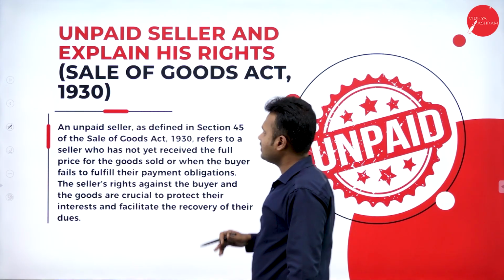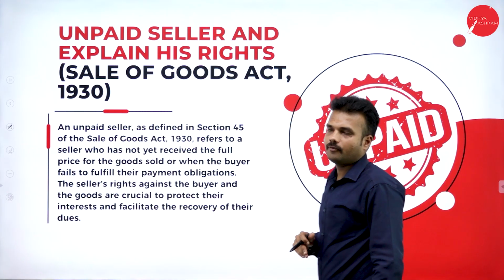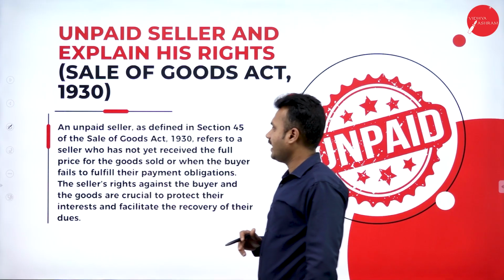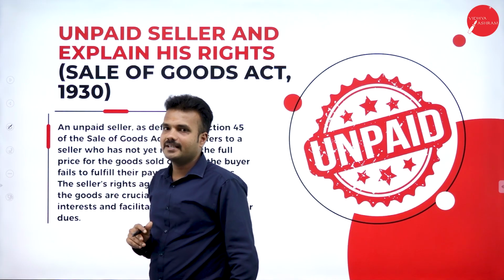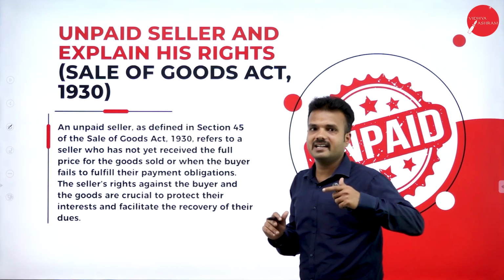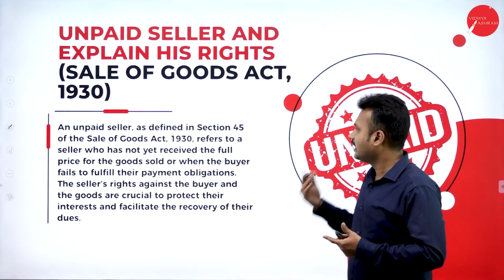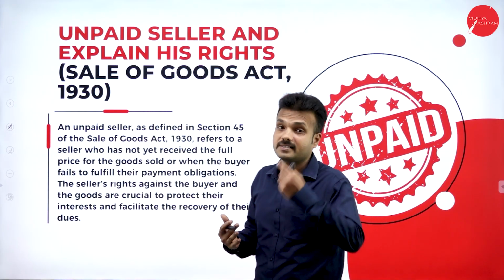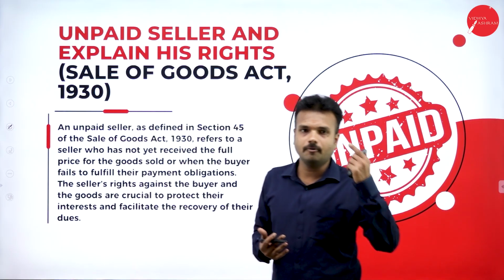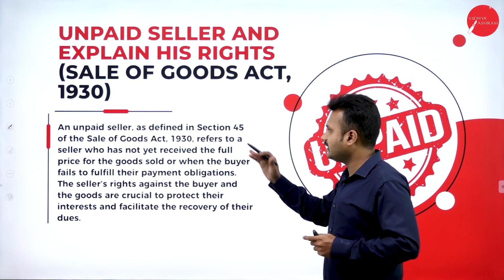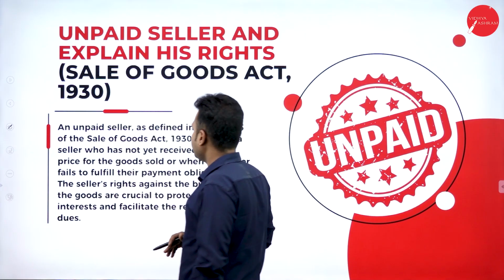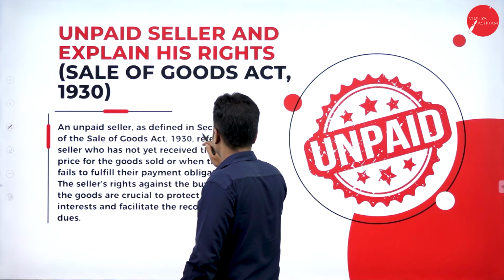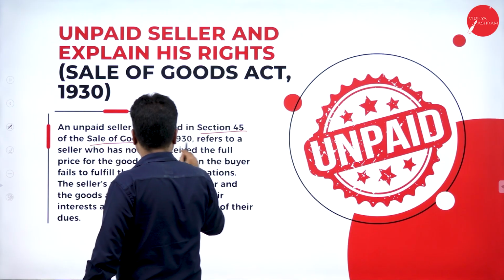Unpaid seller and his rights according to the Sale of Goods Act 1930. So, as I said, if a seller is partly or fully not paid, we call him an unpaid seller. Even if a single rupee is due, he will be considered an unpaid seller. An unpaid seller is defined in section 45 of the Sale of Goods Act 1930.